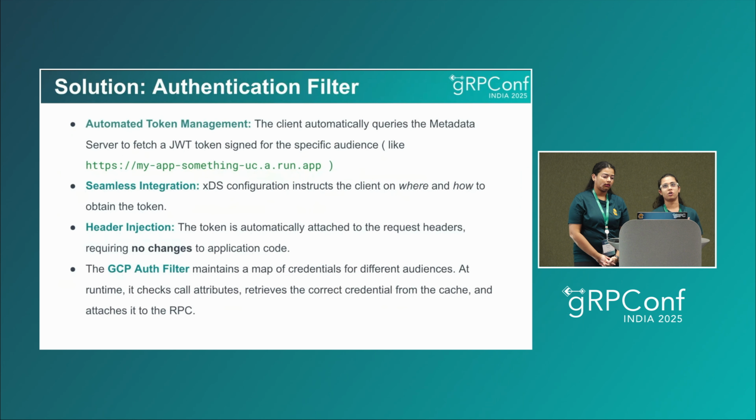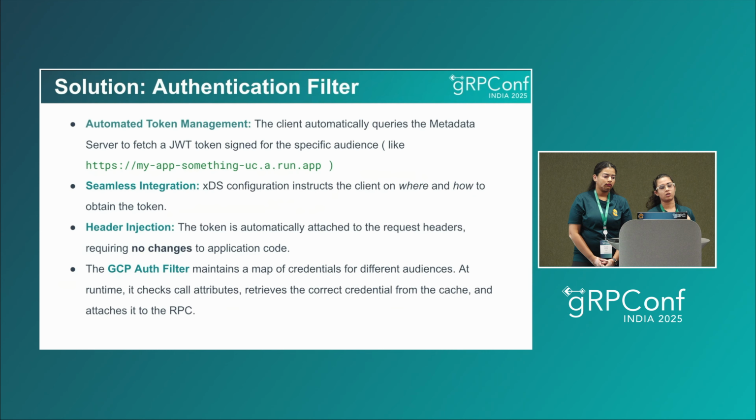Now gRPC automates this process, and whenever the client is trying to connect to a Cloud Run server, it will query a metadata server and fetch a valid token.